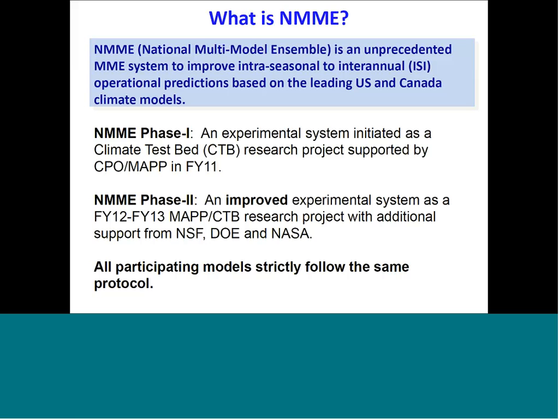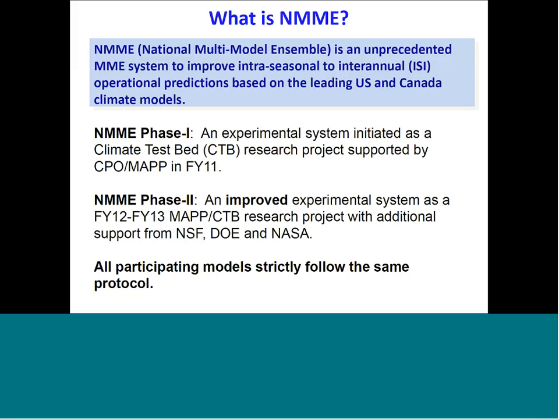Currently, NMME has two phases. The first phase, NMME Phase 1, is an experimental system initiated as a climate testbed research project, which was funded by the CPO MAPP program in 2011.